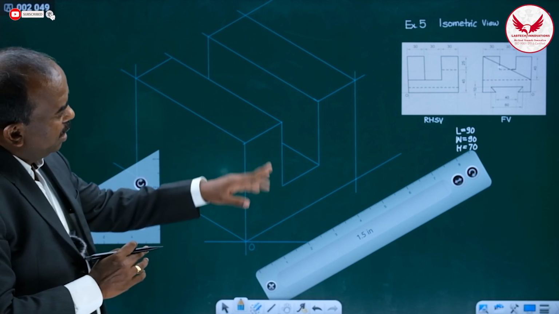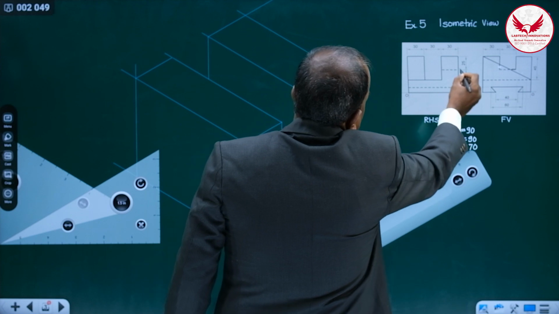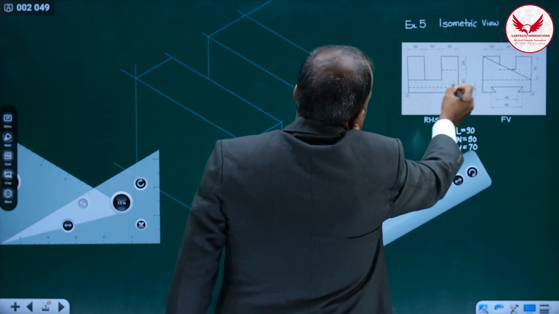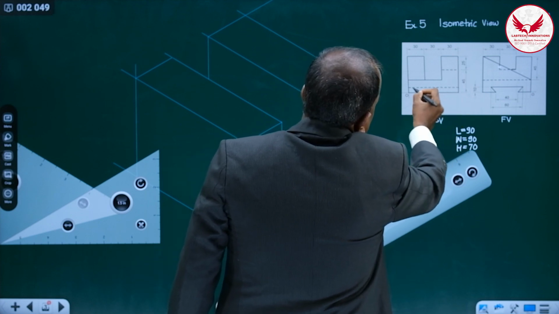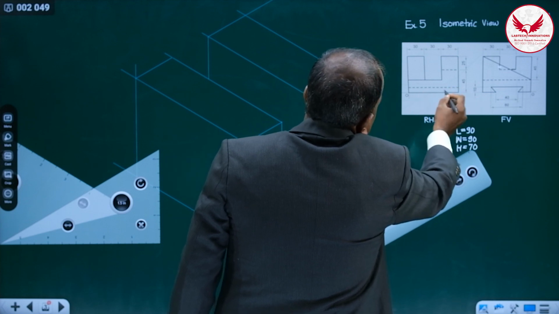if you see the right hand side view, in the right hand side view this L shape is there, and again in this dotted line, a throughout dotted line is there.